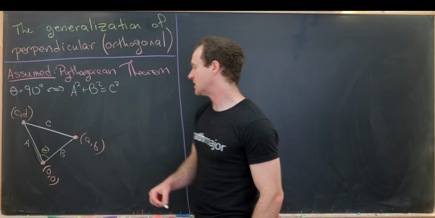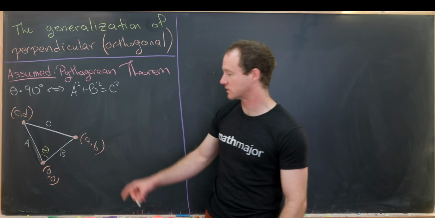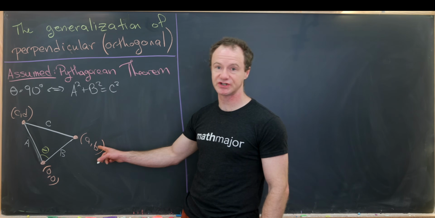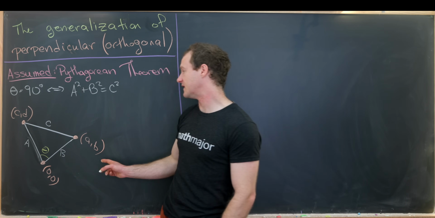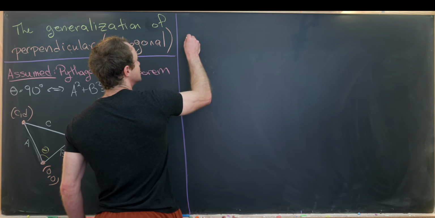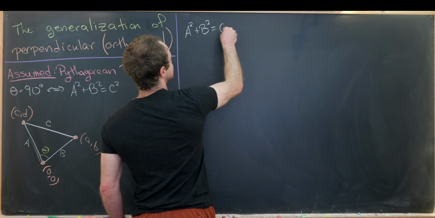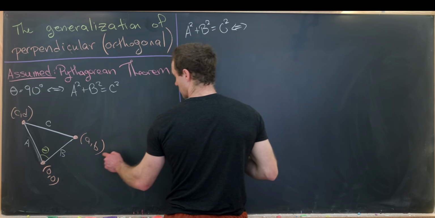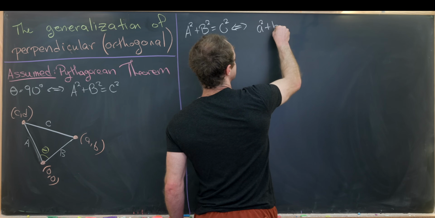Great. And now what we'll do is express this equation A squared plus B squared equals C squared in terms of the distance formula for the distance from the origin to A comma B, the distance from the origin to C comma D, and then the distance between A comma B and C comma D. So let's notice that this holds if and only if, well, the distance squared from the origin to A comma B is A squared plus B squared.